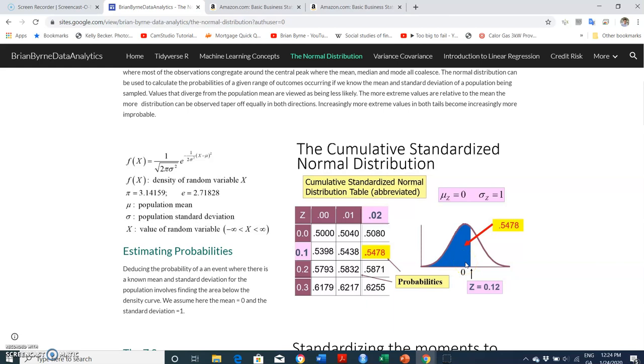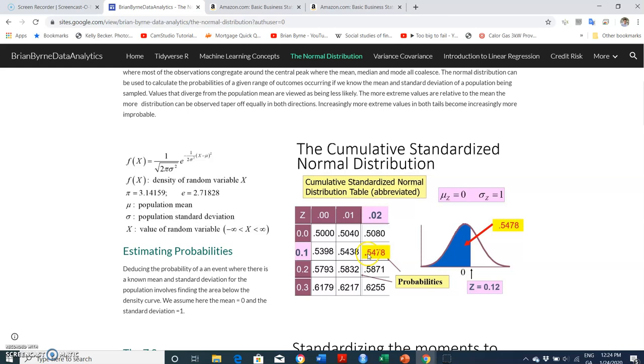So, for instance, if we had this contrived example where we asked what's the area under the curve for a standard deviate of positive 0.12 standard deviations away from the mean, then if we read the tables here, we come down to 0.1, go across to 0.02, and we read 5478.